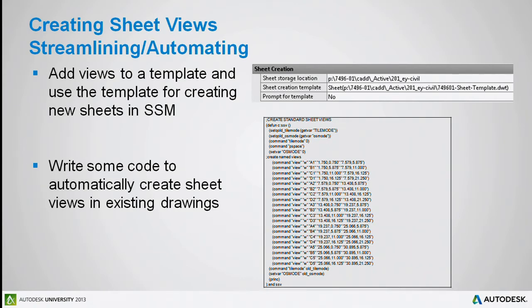If you're using the sheet set manager and creating new sheets using sheet templates with predefined views, you don't need this. But if you want to set something up on drawings that already have content, this is the way to automate it. Pretty basic, but it's one of those little productivity enhancers.